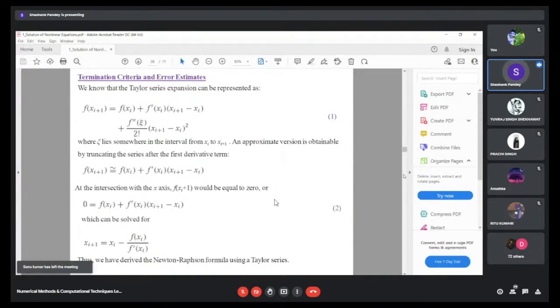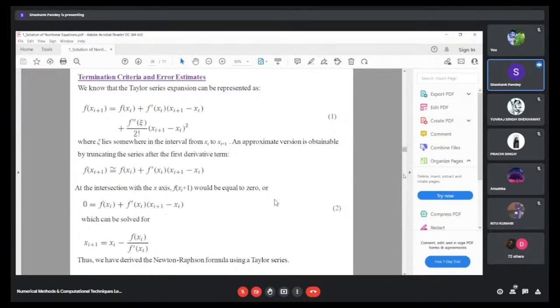We can expand this function in terms of the Taylor series, which is given by equation number 1. If we neglect the higher powers, that is the quadratic power, we are left with only the linear term.